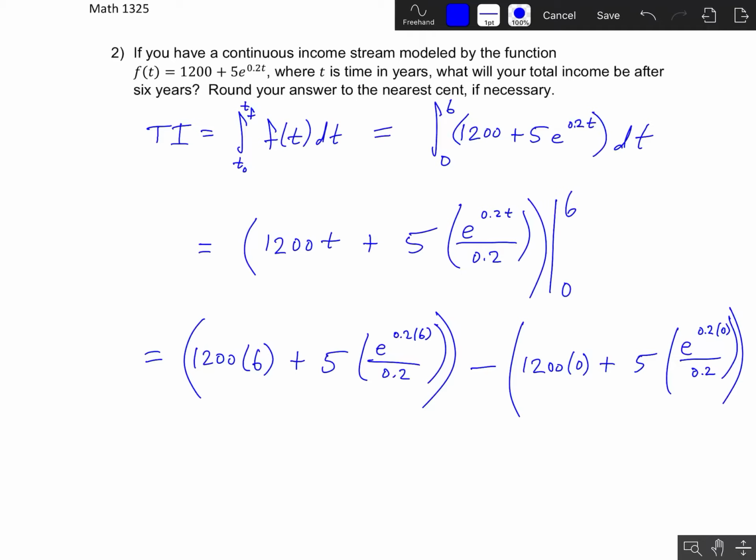You could obviously clean this up quite a bit, but it's okay to just plug this entire expression into your calculator. The main thing that I want to point out, though, is that this minus sign that occurs between your evaluations applies to the entire evaluation at 0. So this minus sign would need to distribute if you were to compute the rest of this by hand.